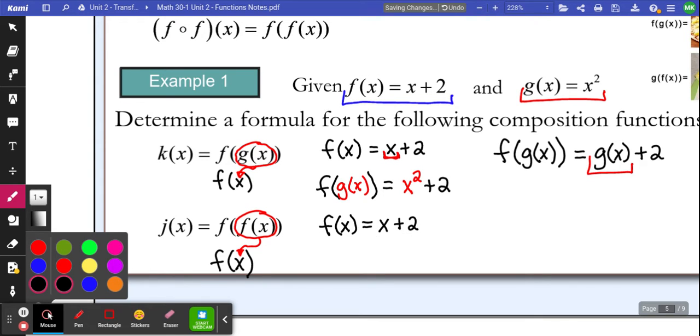Agreed? That's regular f of x. Now, change x to be f of x. So change your x values to be f of x. That means x would change to be x plus 2.